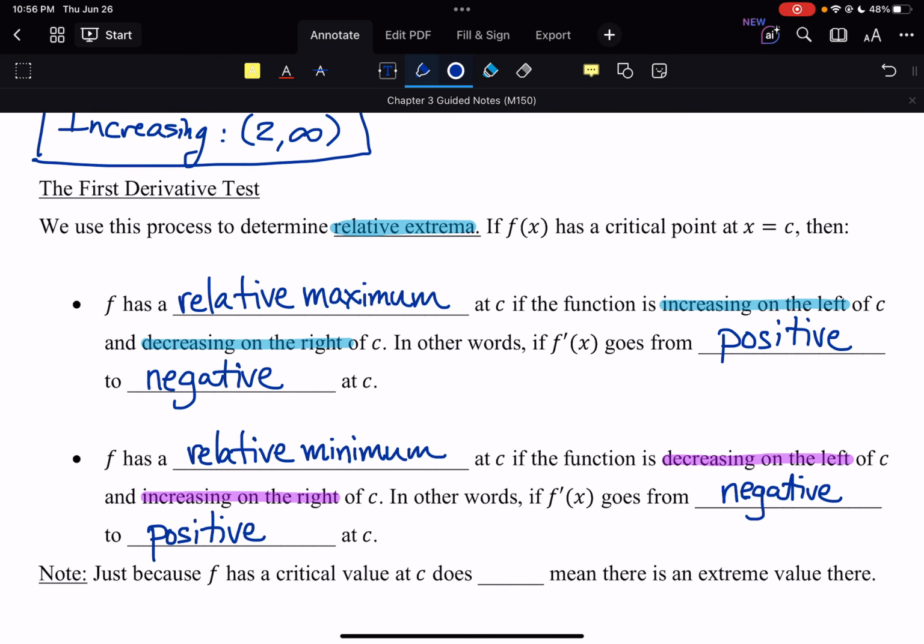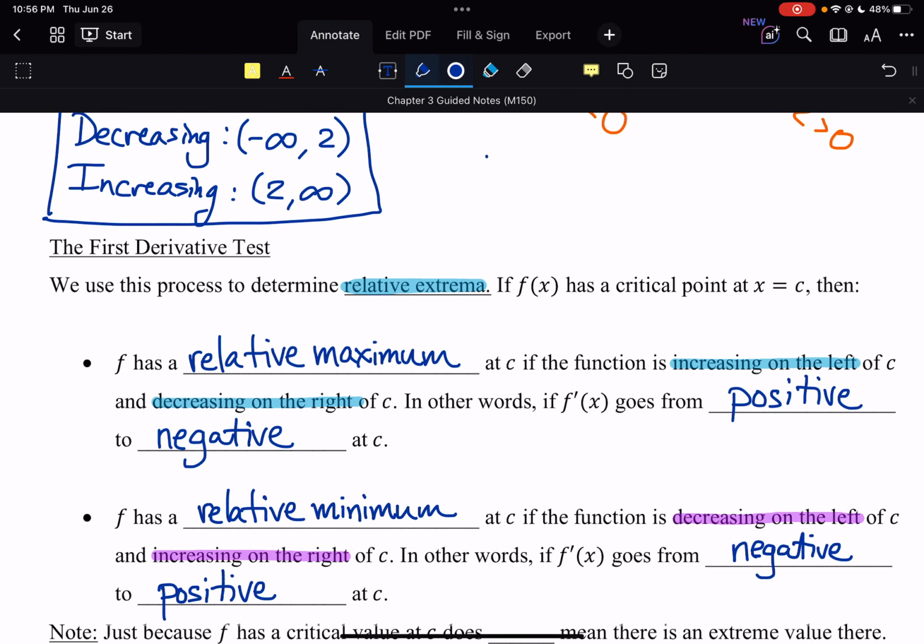Now, we call these relative maxima and minima because this doesn't necessarily mean that they are the highest possible value of the whole function or the lowest possible value of the whole function. What we're saying is in their immediate vicinity, relative to the location where these values are, they are the highest thing around them or the lowest thing around them. But we're not saying that they are the highest or lowest of the entire function, right? So if we had something like, I don't know, something like that, right?